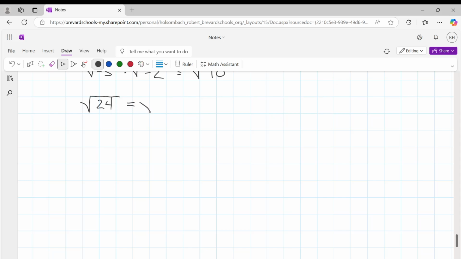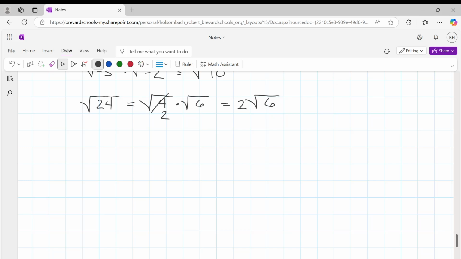Square root of 24 is equal to the square root of 4 times the square root of 6. And we've gone over this a little bit earlier in the year. The square root of 4 is equal to 2. So this simplifies to 2 radical 6. That is your simplest form.